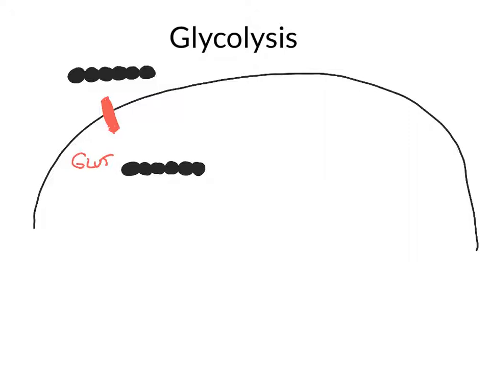And what happens to that glucose molecule is that it gets converted into 3-carbon molecules called pyruvate.